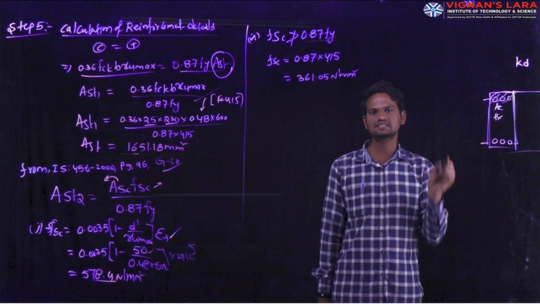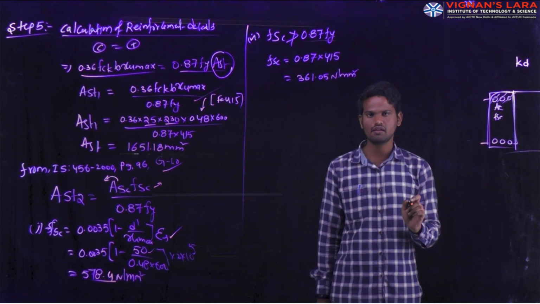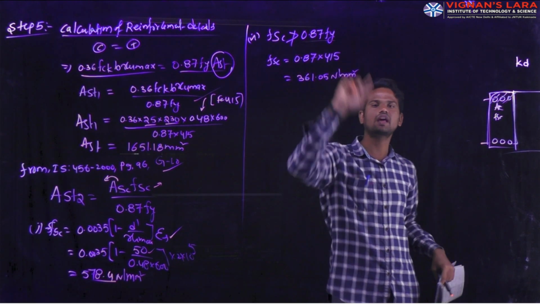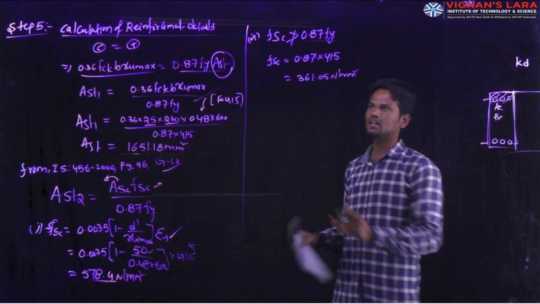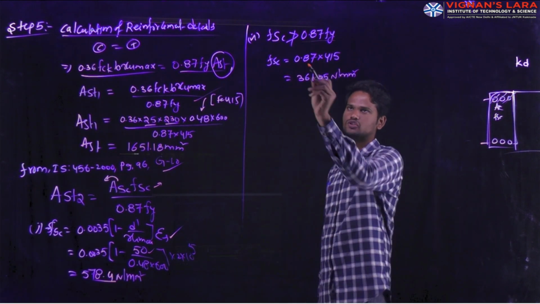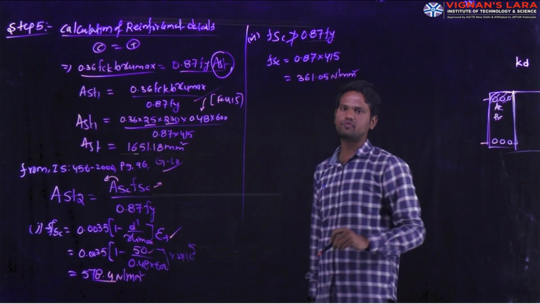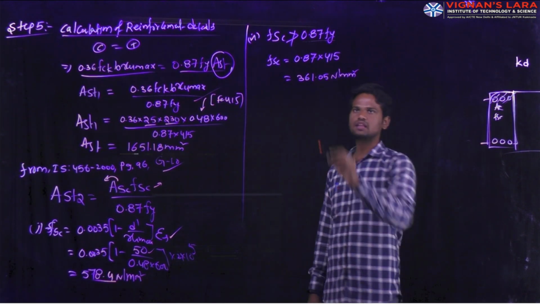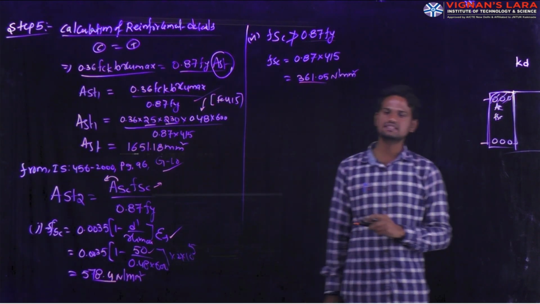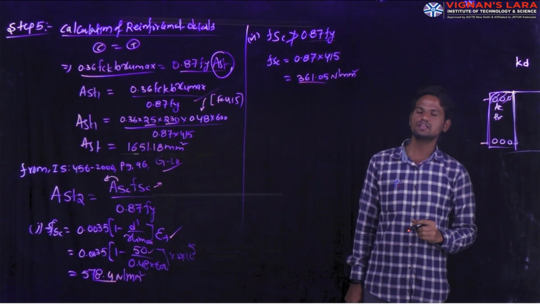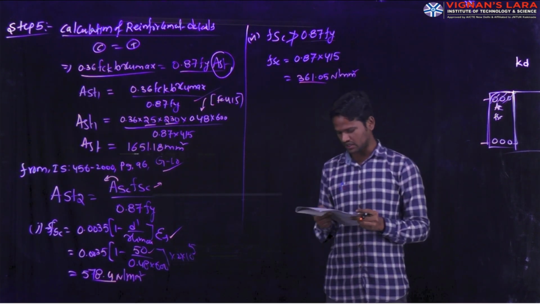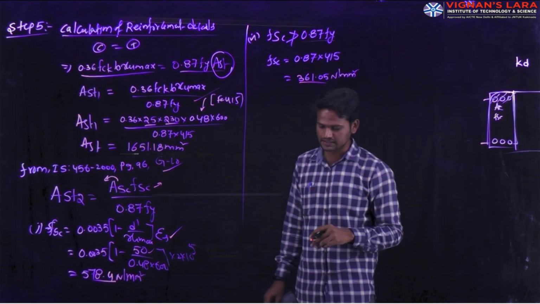That means FSC equal to 0.87 into fy, where fy is the yield strength of the steel, that is 415. If you substitute, I am getting the stress in steel FSC as 361.05 Newton per mm square. This value we have to consider.